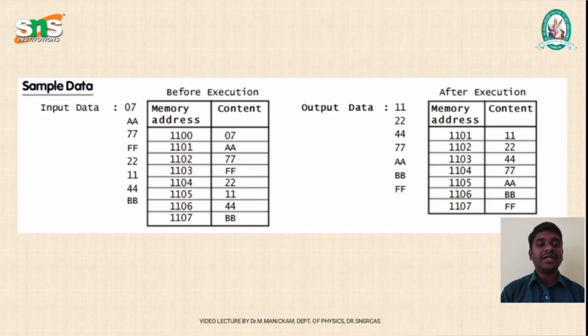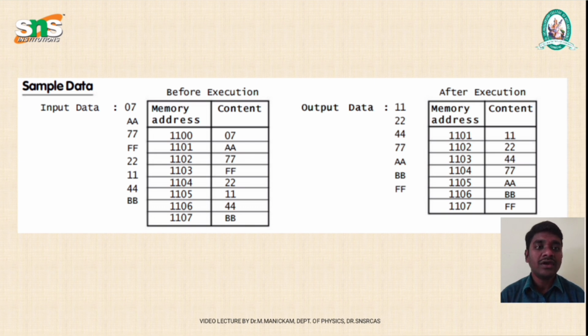So this is the sample data for ascending order. Suppose the input data is 7 data, so 07 is taken as the count in memory address 1100. All the remaining input data in the array are AA 77 FF 22 11 44 and BB. These are the input data we give before execution.